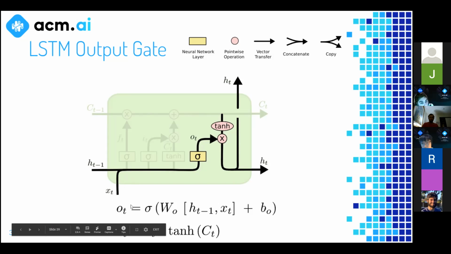For the current information we just got, just like all the other ones, we concatenate the previous hidden layer output with the current input. We multiply it by some fourth set of weights that we learned. So overall, we have 4 sets of weights, and this is the fourth and final set. You add your bias, just like you've done for all these other ones.